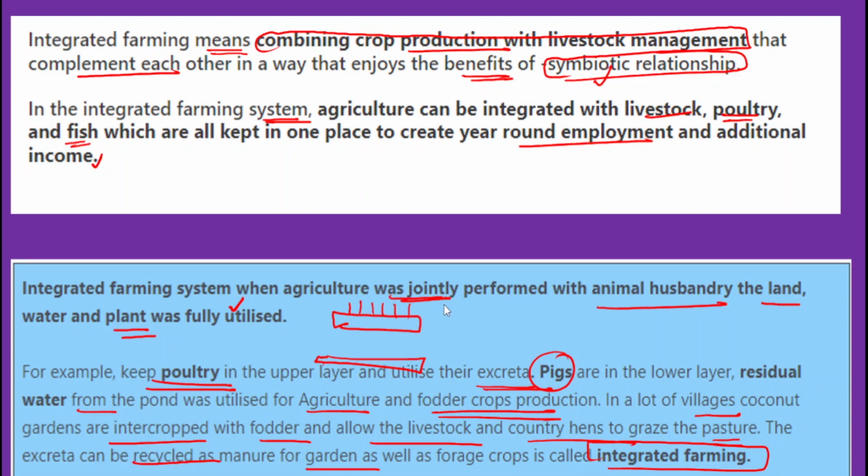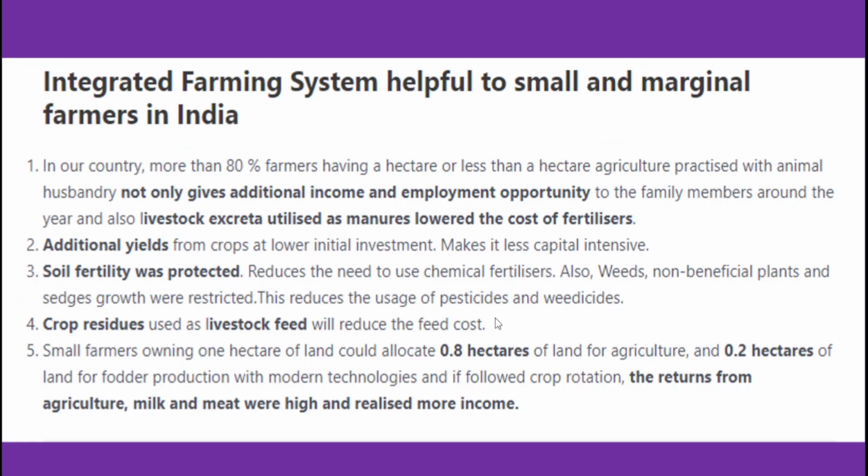If you look at southern India, there are coconut crops, and within these coconut crops farmers used to cultivate banana, and even there are gardens for the fodder, so that they can practice the integrated farming.